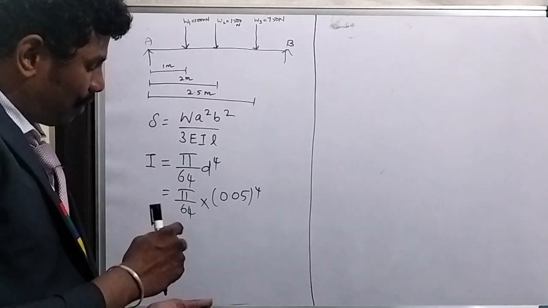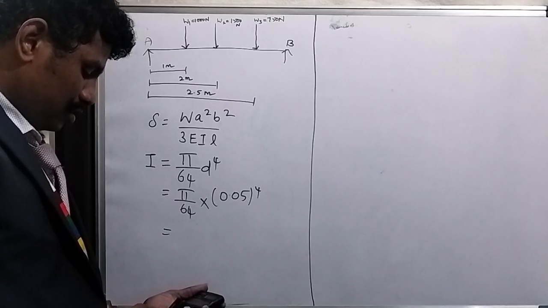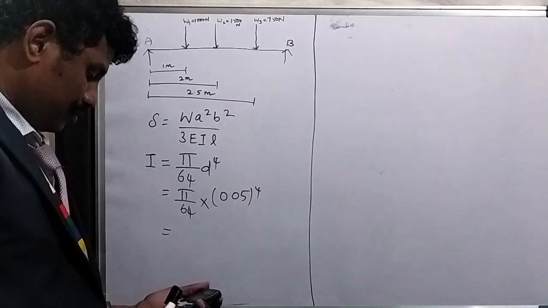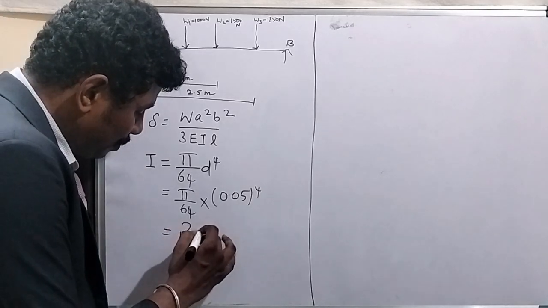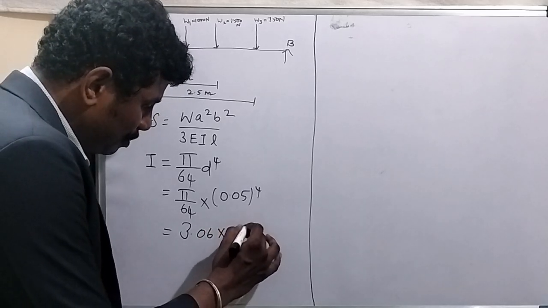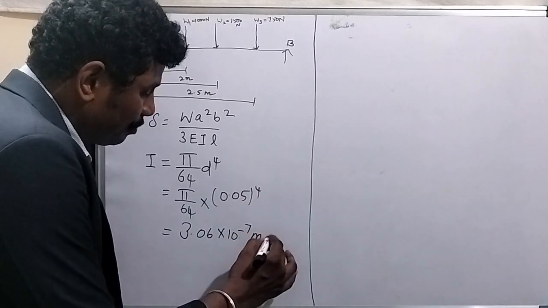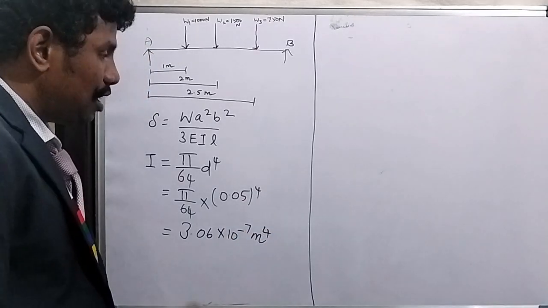So we can calculate the value of I. The value that we are getting is 3.06 into 10 power minus 7. The unit for I will be meter power 4. So we have calculated the value of I.